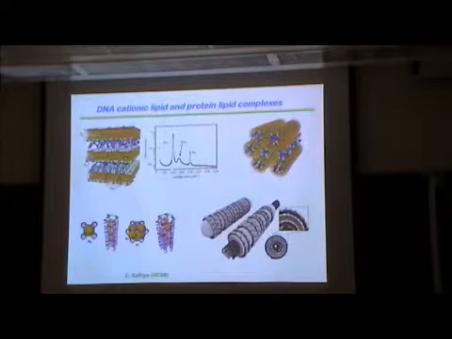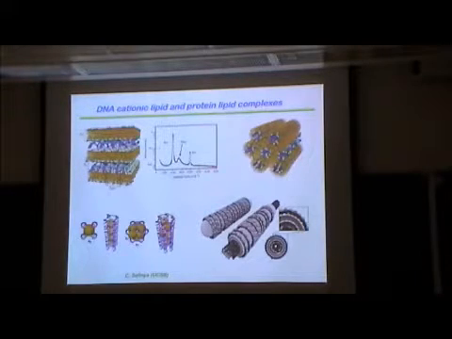And you can control the structure of this DNA by varying the ratio of charged to uncharged lipids in the bilayers. You can move this DNA peak around. You can change the curvature of the bilayers by again manipulating the lipids.